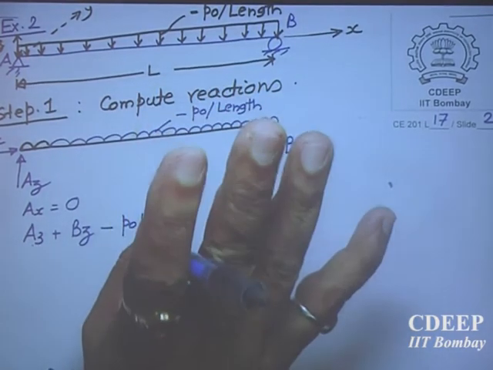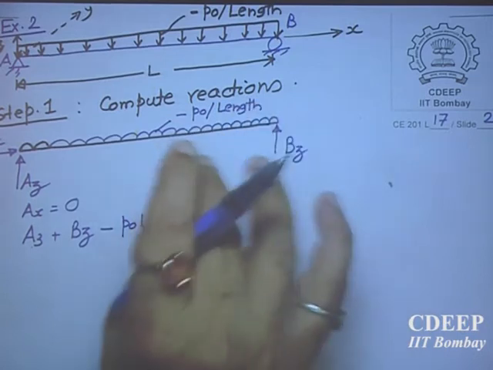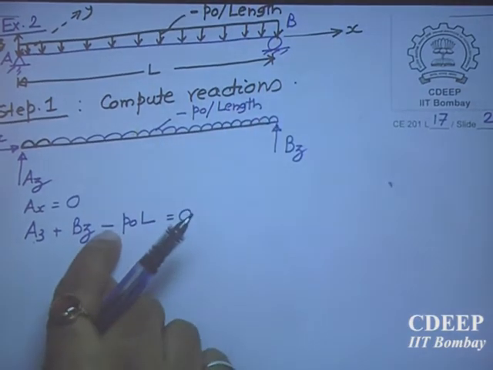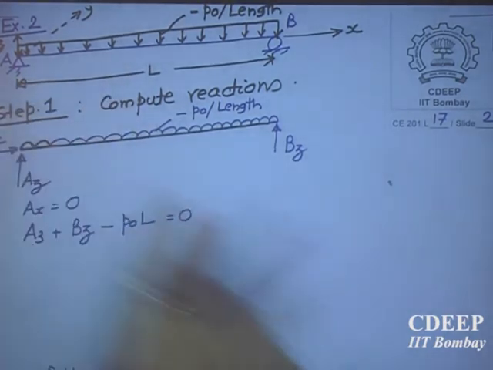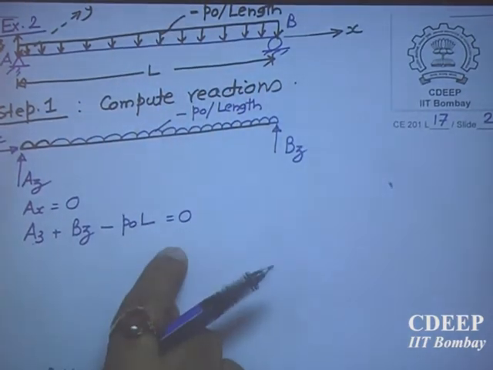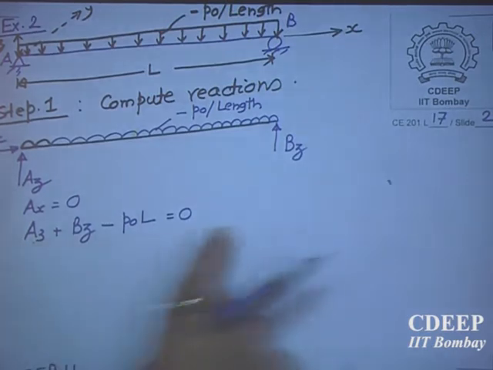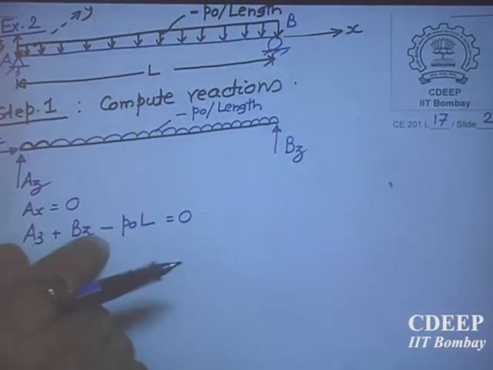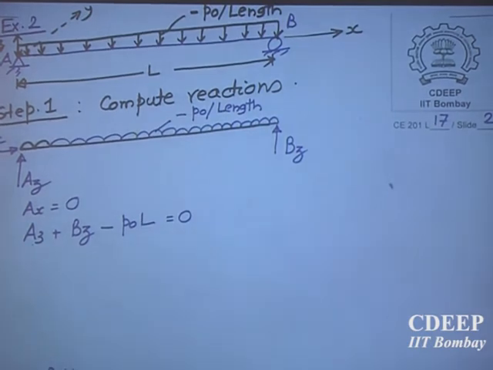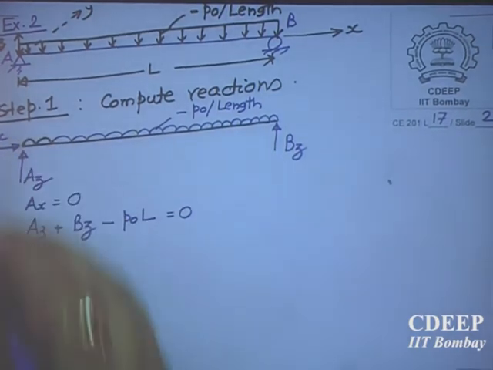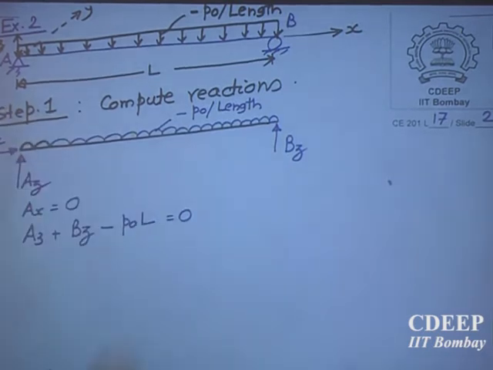P naught is acting downwards, so if I take this as positive, the load has to be negative. It is a vector summation, but physics-wise this equals P naught L, equilibrium. Then take moment about A. Why A, not B?